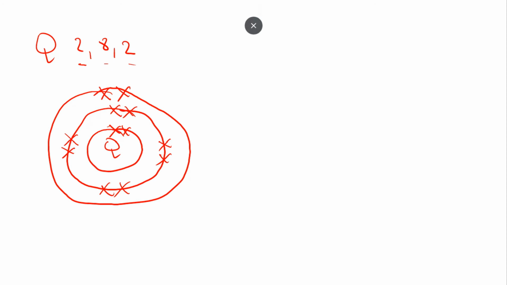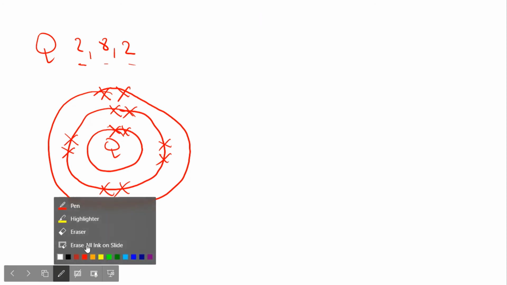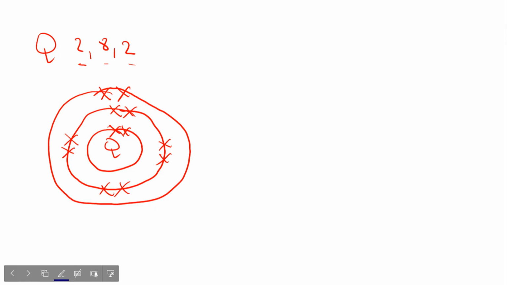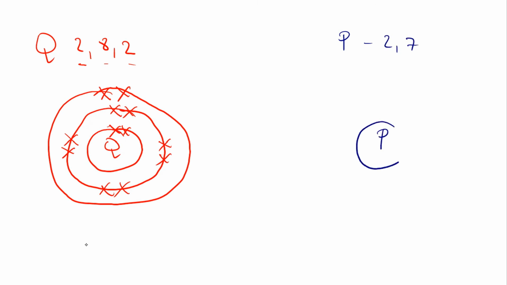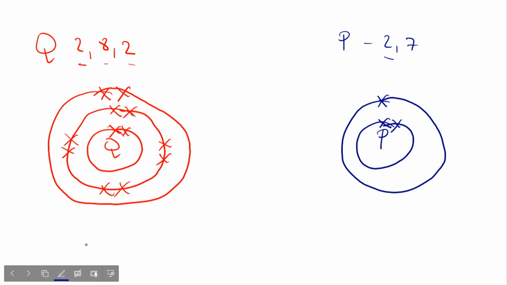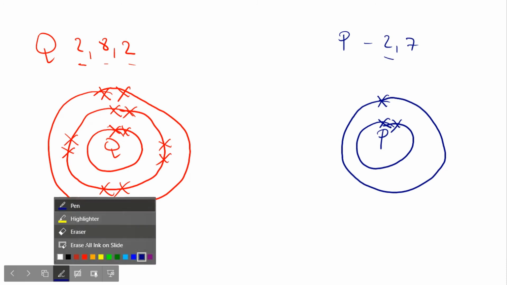Let's draw P. Let me use another color. So P is 2,7. P's first shell has 2. The second shell has 7. No, that's not what I should do.